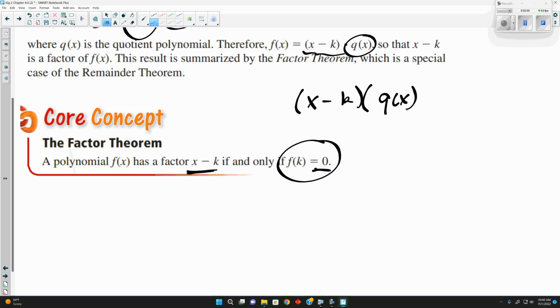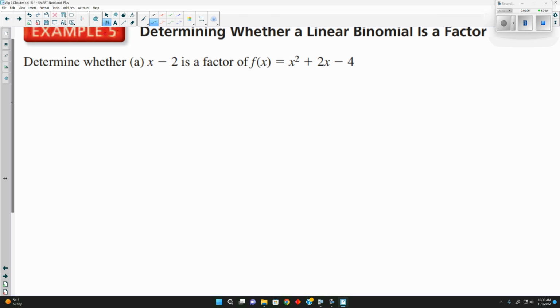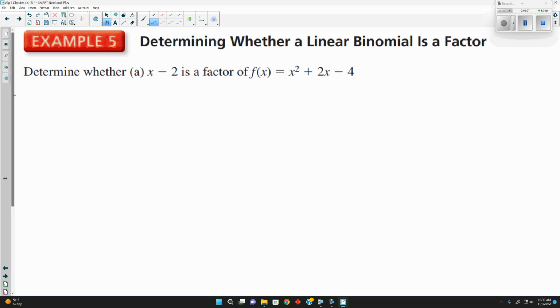Determine whether x minus 2 is a factor of x squared plus 2x minus 4. So what we can do is our synthetic division, because if we divide it with synthetic division or long division, either one, and we get a remainder of 0, it means it's a factor.